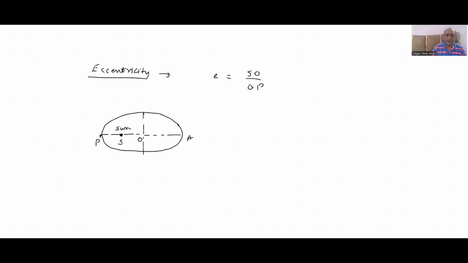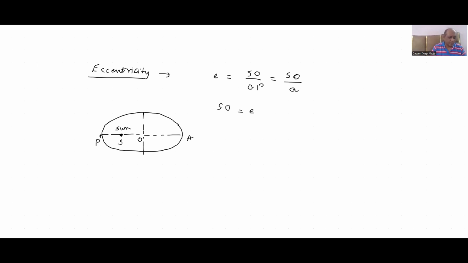So eccentricity is defined as the ratio of the distance of one of the focus from the center of the ellipse to the distance of the semi-major axis of the ellipse. SO divided by OP. Or we can write it as SO divided by, now what is OP? OP is represented by small a. So from here we can conclude that SO is equal to E times A.